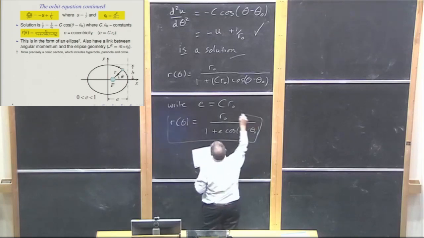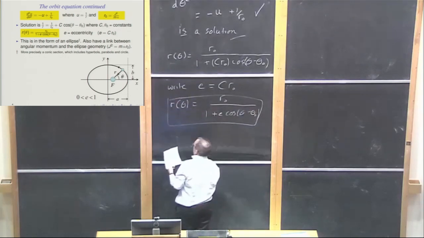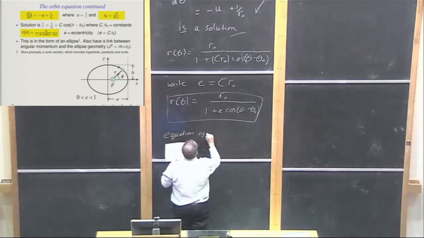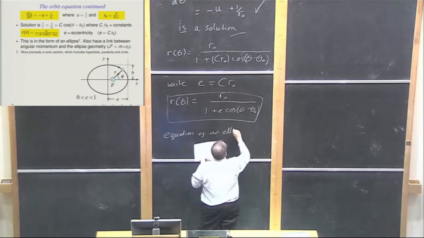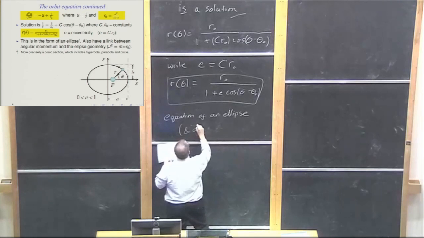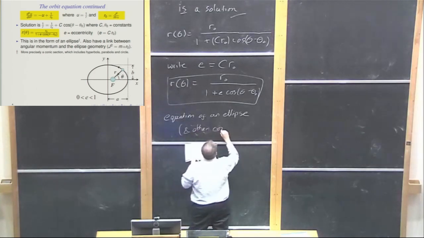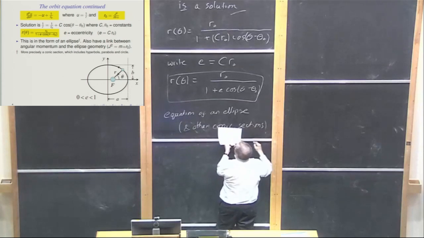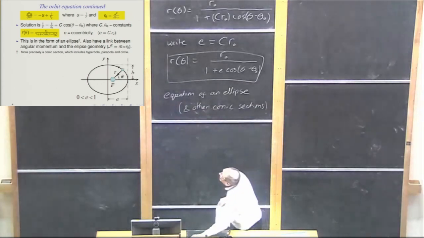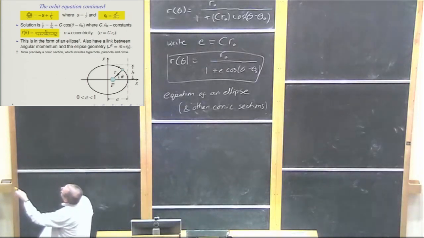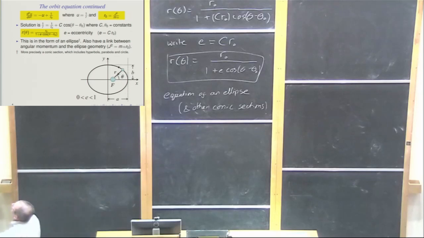And this is the equation of an ellipse, not just of an ellipse, but of other conic sections. So just to be clear, that is an expression which also defines a hyperbola, parabola, a circle. How can it define a circle, you might ask?